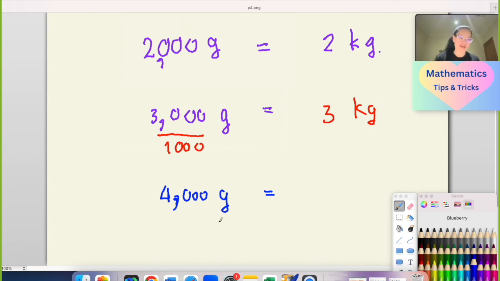This is how you change grams to kilograms. Grace, 4,000 grams equals how many kilograms? 4. Yeah, that's very good.